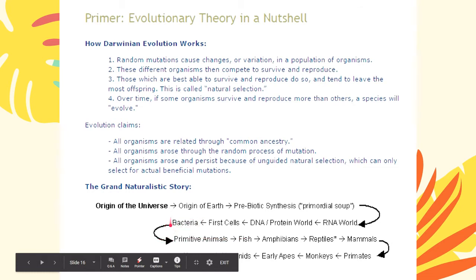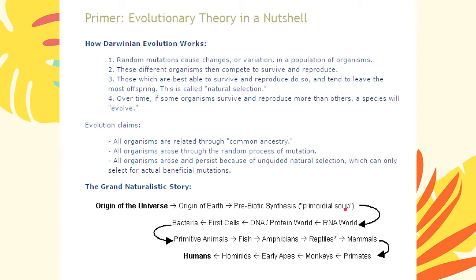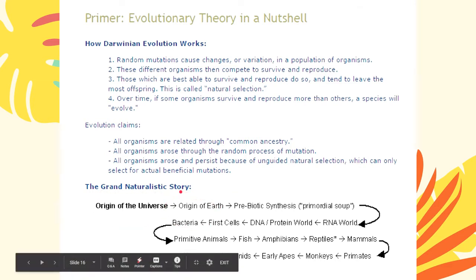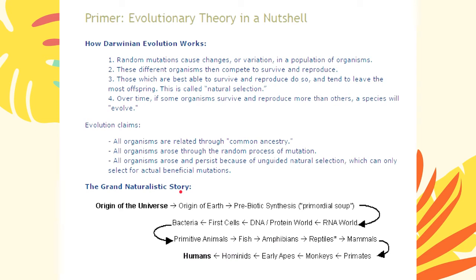Of course, we've studied this in the history of the origin of life: we can all trace our origin from those bacteria or the first protocells that might have started in the primitive Earth, back to the DNA, protein or RNA world, back to prebiotic synthesis, if you still remember the primordial soup, abiogenesis, the Miller-Urey experiment, then back into the origin of the Earth, back into the origin of the universe. So evolution tried to remove the magical essence of humans that was quite common during those times, that we were created special, but in reality we are just one of the many creatures that evolved over time.